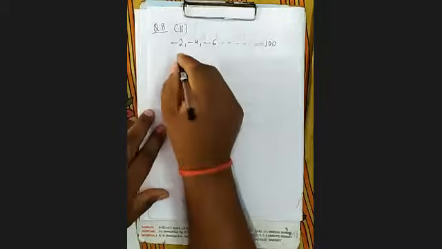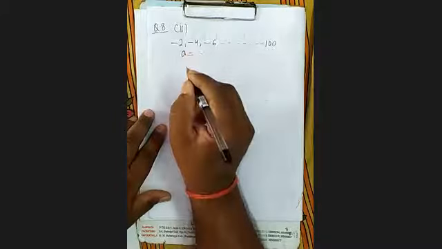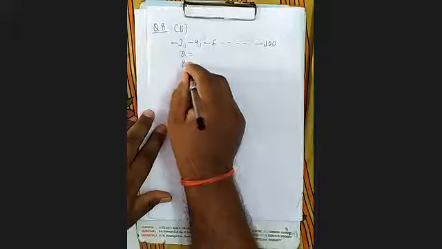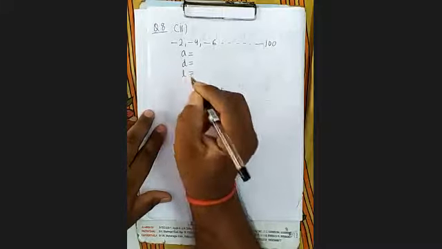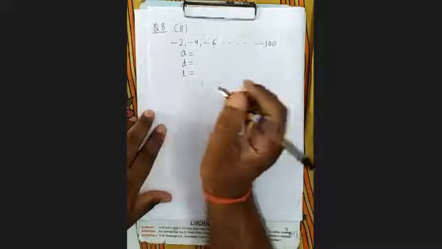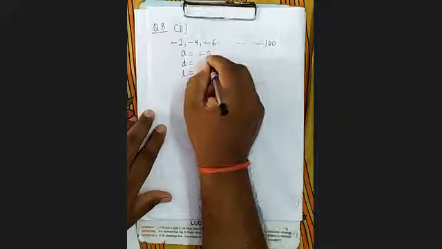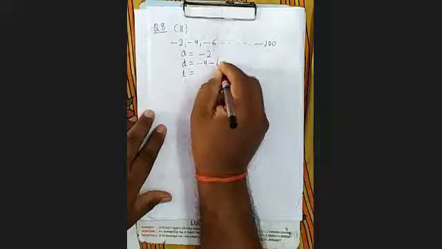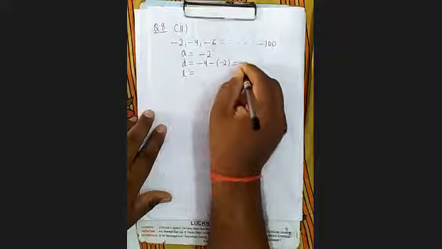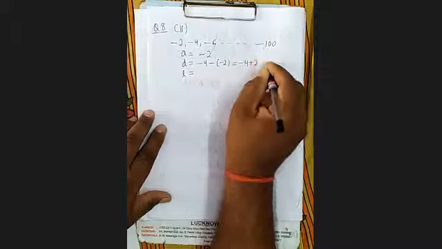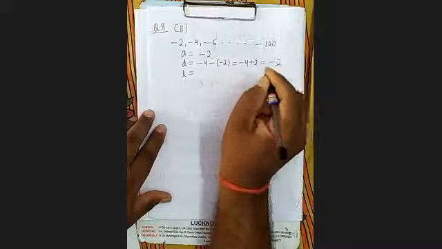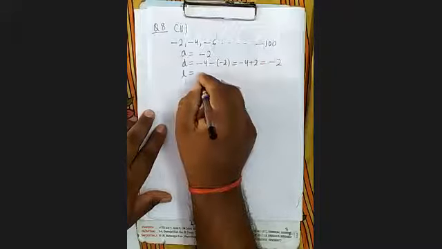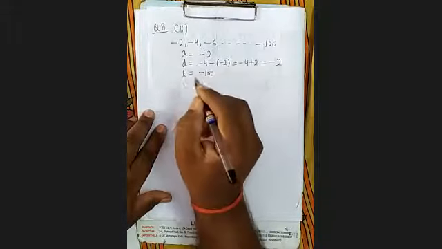Now, what is A here? A is minus 2, and D is minus 4 minus (minus 2), that is minus 2. What is the last term? It is minus 100.